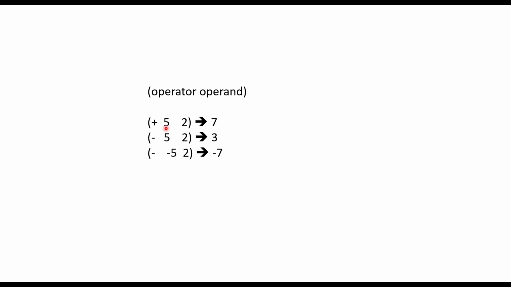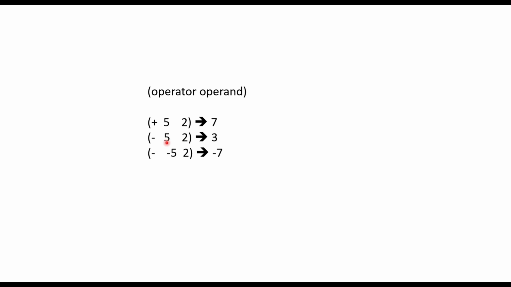For example, I want to add 5 and 2. I will write first plus, then 5, and then 2. It will do the addition operation on 5 and 2, and you will get an answer of 7. You have to write this in parentheses. If it is not in parentheses, you will get an error. In the second example, your operator is minus, and your variables are 5 and 2.